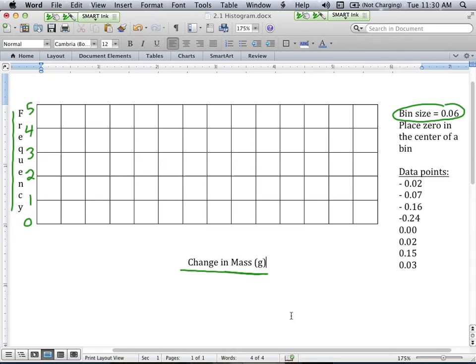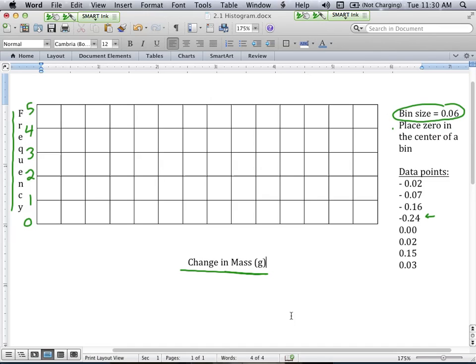0.06, and we're going to place 0 in the center of a bin. To figure out where I should put my 0 bin, I take a look and see what my most negative data point is.